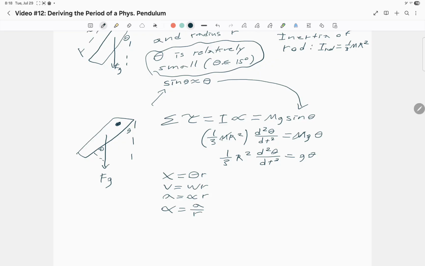So we're going to have 1/3 r squared times d2x over dt squared, because that is our second derivative of position with respect to time, which is acceleration, times 1/r. This is just for formality's sake. And then we're going to have g, which is 9.81.